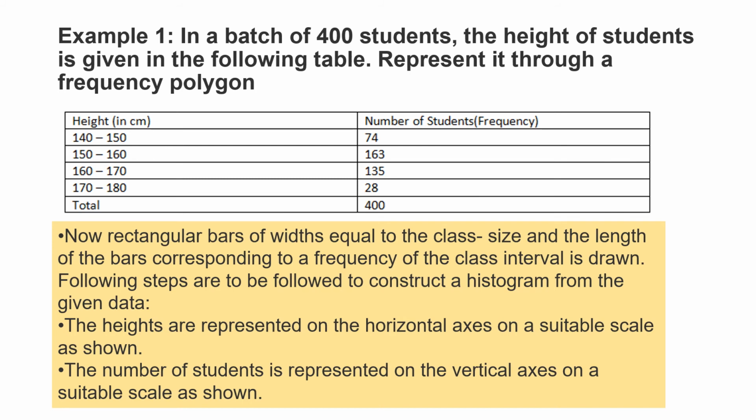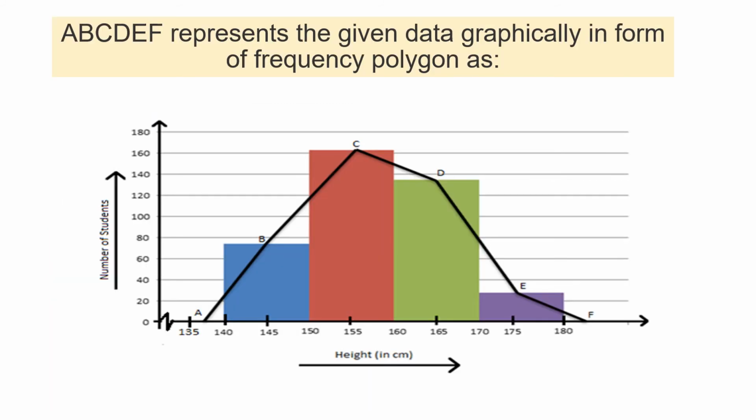Rectangular bars with width equal to the class size and length corresponding to the frequency of the class interval are drawn. Following steps are to be followed to construct a histogram for the given data. The heights are represented on the horizontal axis on a suitable scale as shown. The number of students is represented on the vertical axis as suitable.